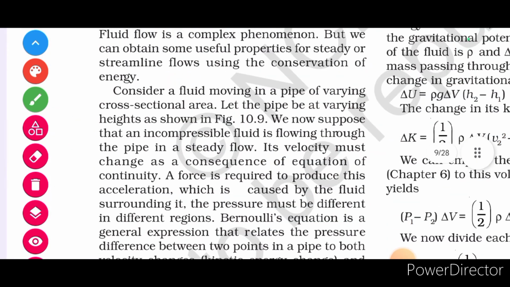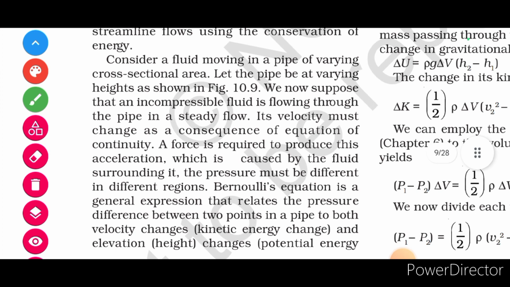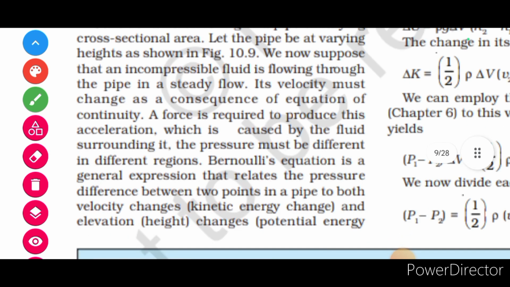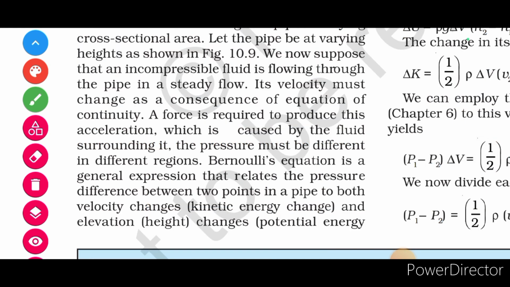Let's go further. A force is required to produce this acceleration. The velocity is changing, so obviously there is acceleration. With a change in velocity and an acceleration, there must be a force acting.